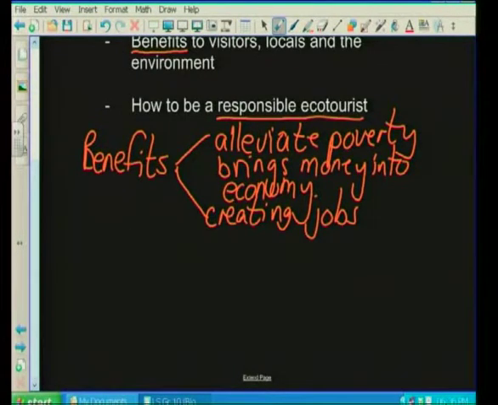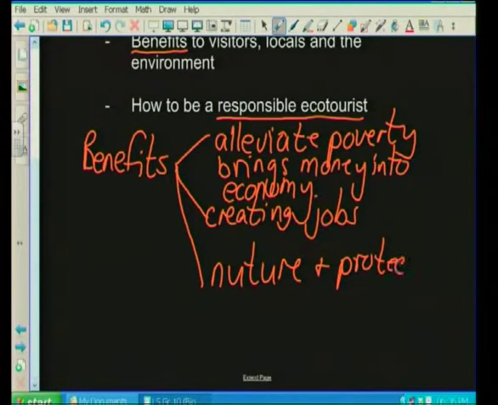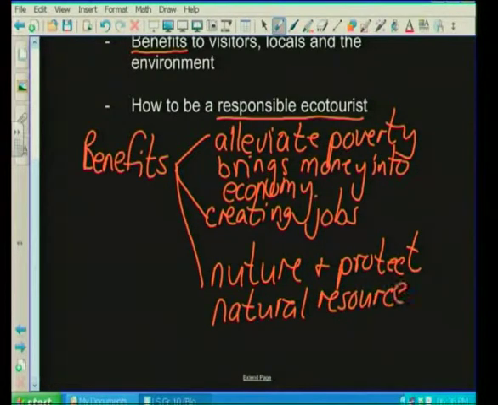Right. For our environment, it helps to nurture. Nurture means we look after it, and we protect our natural resources. Now, those are just 3 benefits of ecotourism that is beneficial to our country.